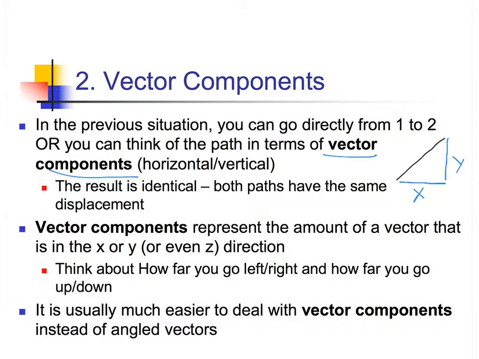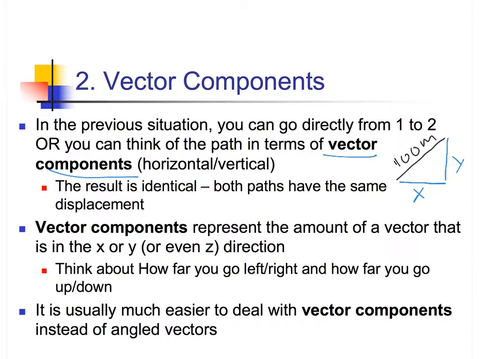So let's say we walked a distance of 100 meters at this angle here. The vector components tell us, when we walk that 100 meters, how far did we go east and how far did we go north in that period of time. So maybe let's say this is a 45-degree angle.